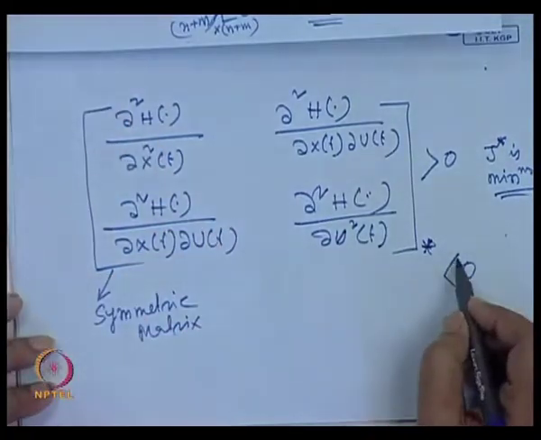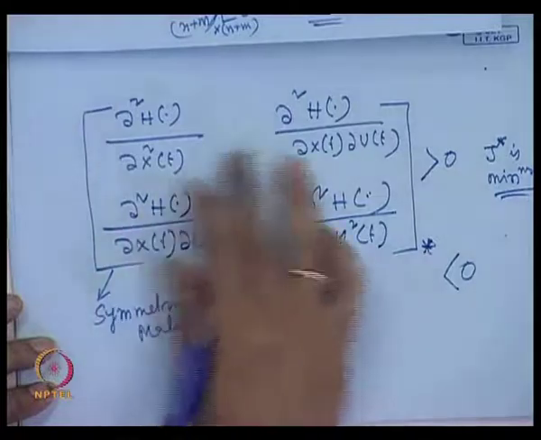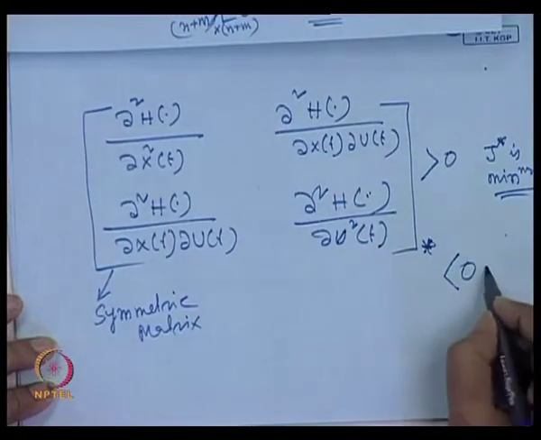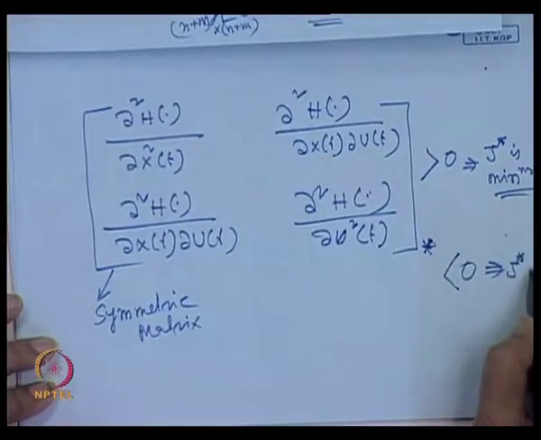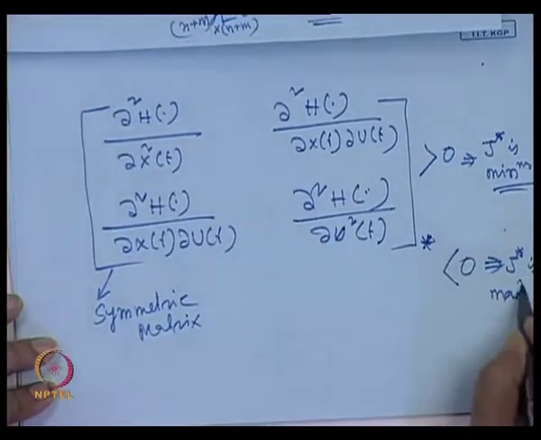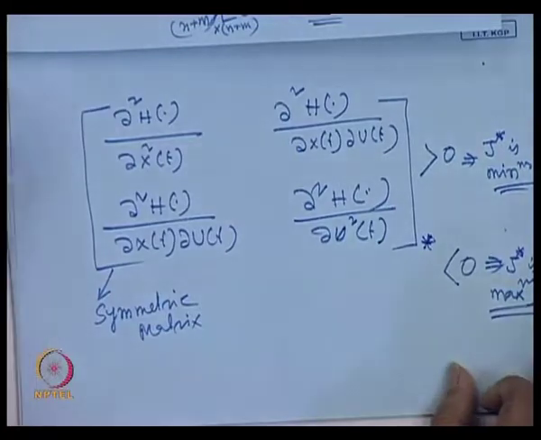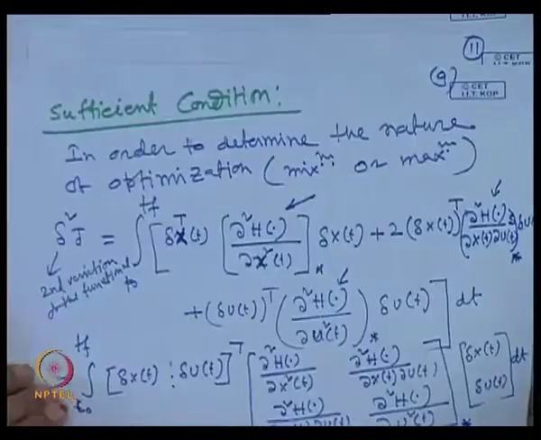If you put it in this matrix and get a negative definite, this implies that J star is maximum. So, this is the necessary and sufficient condition.